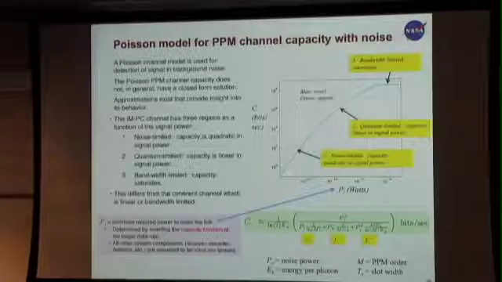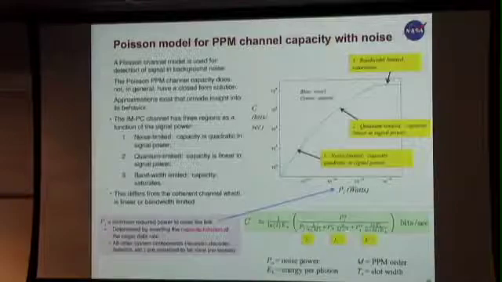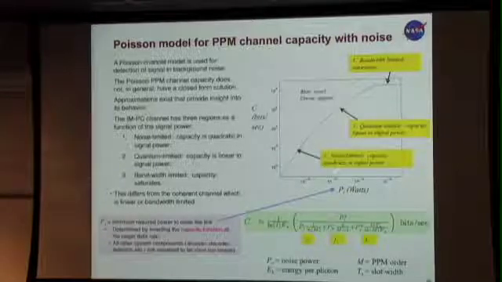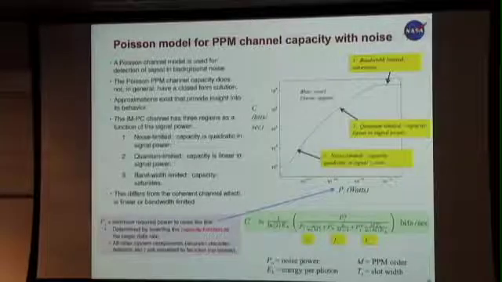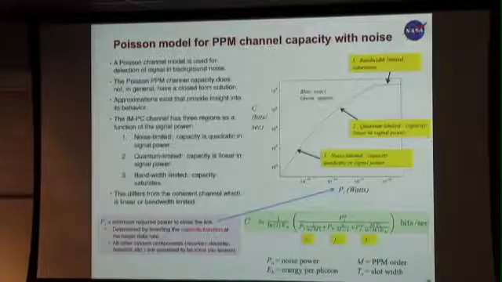These correspond to different regions where different ones of these terms are dominant. The first one is what he calls a noise-limited region, where the capacity is quadratic in the signal power. Then the quantum-limited region, where it's linear in the signal power. And finally, the bandwidth limit, where you just saturate at whatever your bandwidth is.